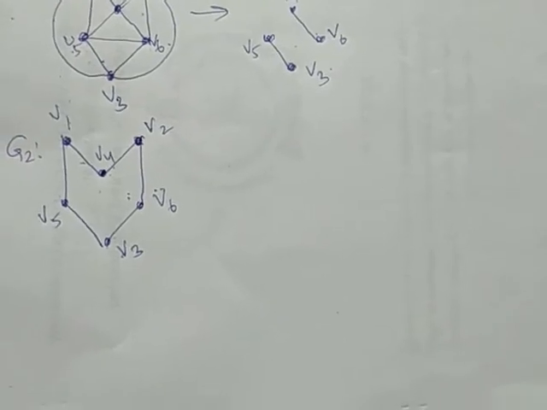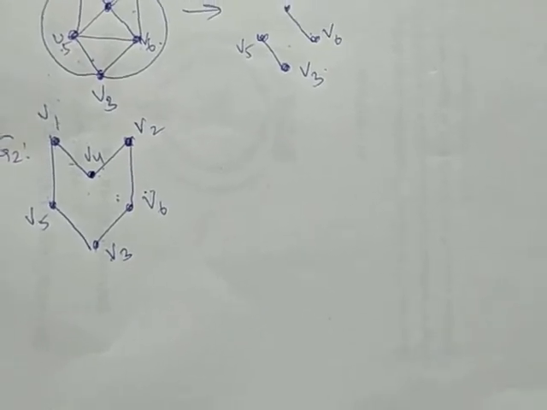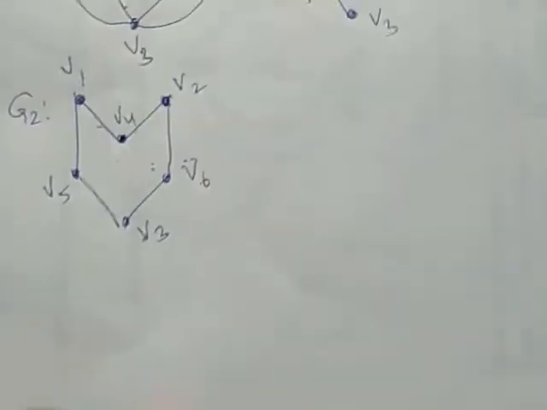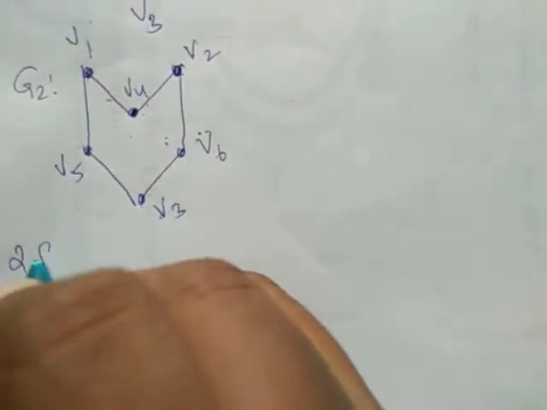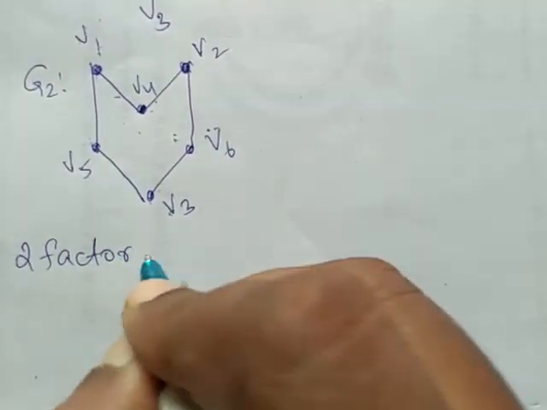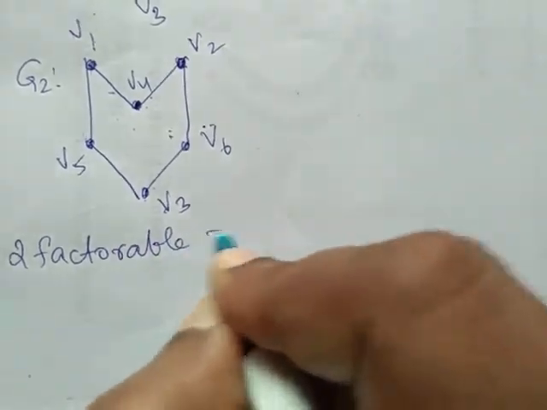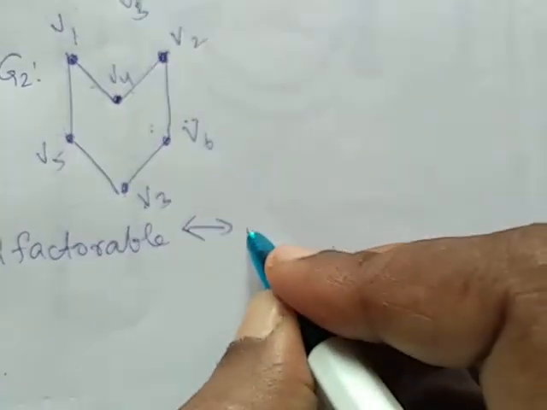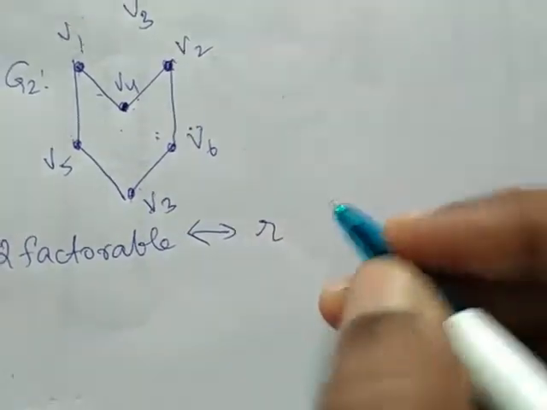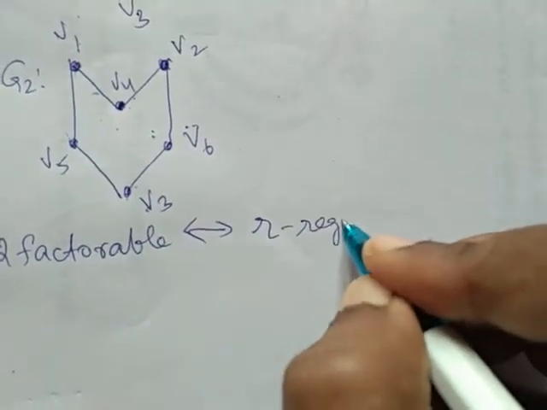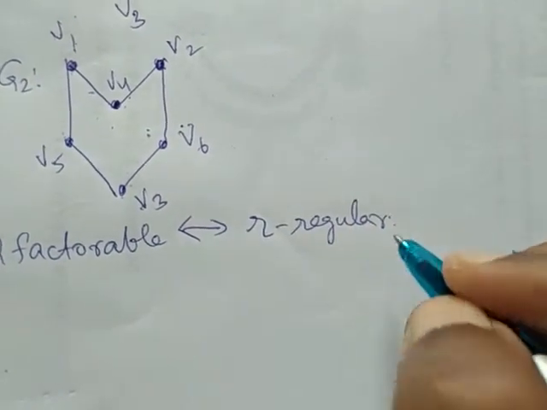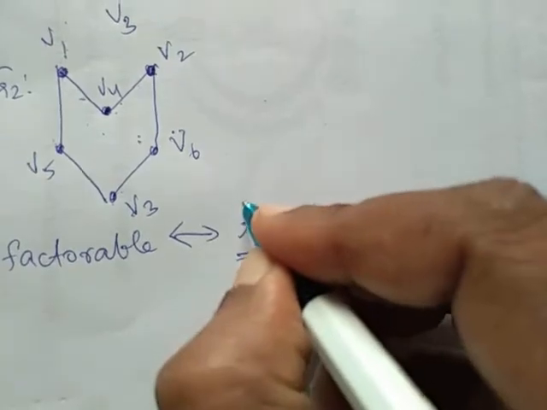Now we are going to prove one theorem on two factor. A graph is said to be two factorable if and only if G is R regular for some even integer R. So R should be even.